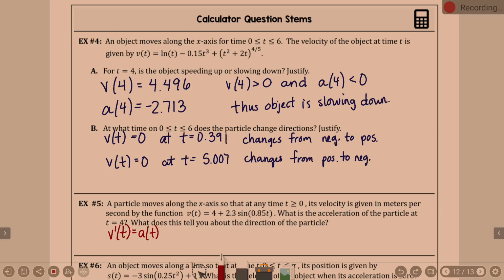Or you could put it into Y1. Yep. Get the same answer as me?